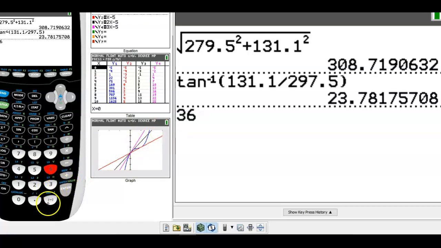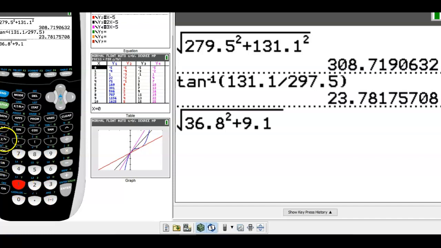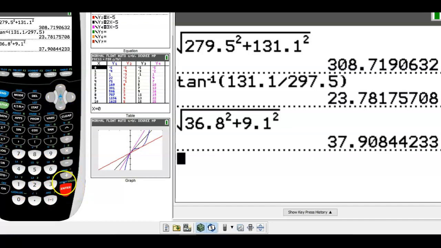Square root of 36.8 squared plus 9.1 squared. There we go. And that gives us 37.9. All right, and while we're at it, let's just go ahead and find the tangent inverse.